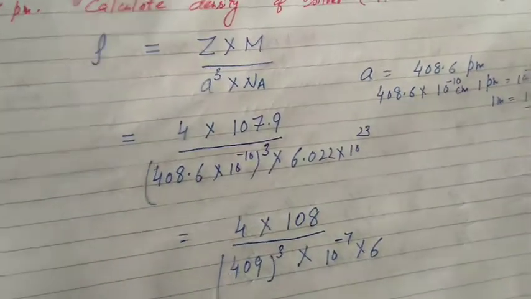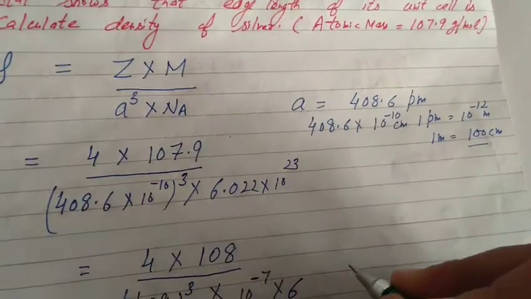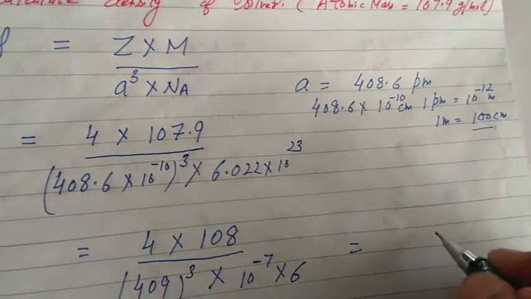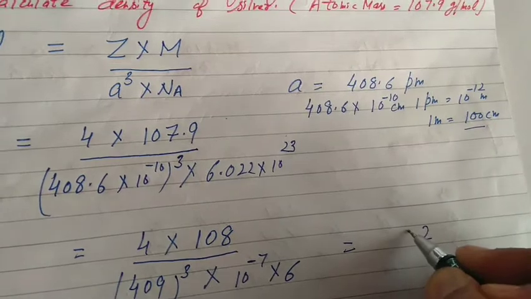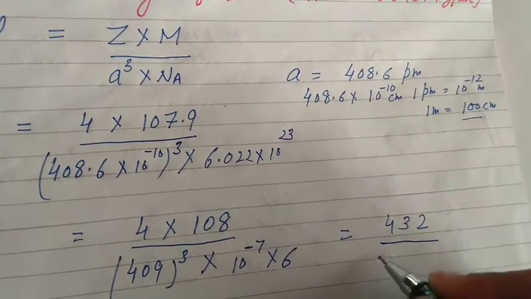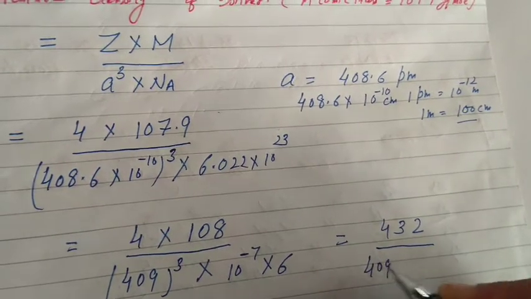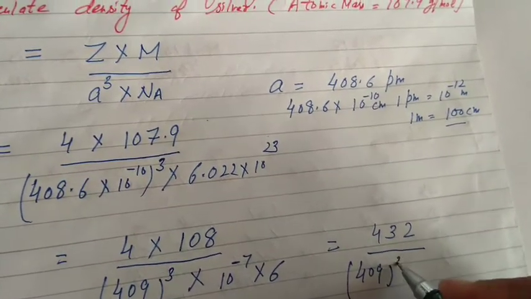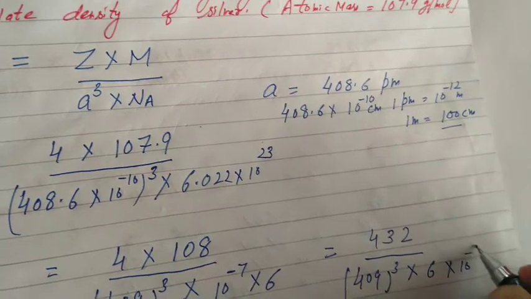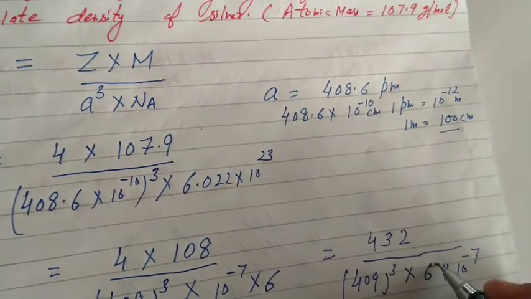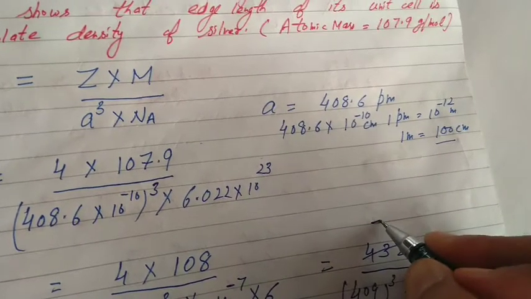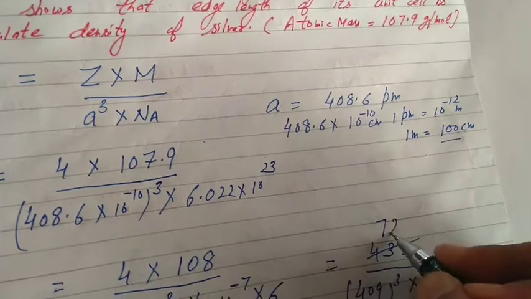Students, it becomes 8 4s are 32, 4 1s are 4, upon 409 whole cube into 6 into 10 to the power minus 7. 6 7s are 42, 6 2s are 12.